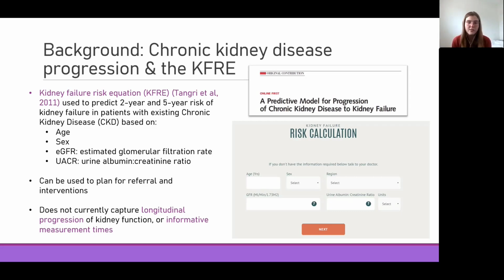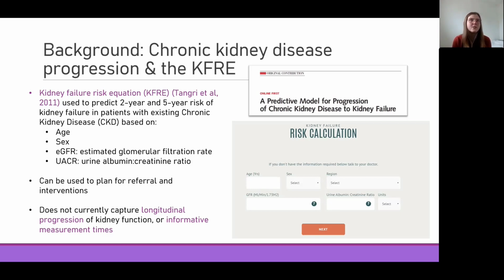It just takes 4 inputs: age, sex, EGFR, which is a measure of how well the kidneys are filtering, and kidney function more generally, and then UACR as well, which is another marker of kidney health. So it takes these 4 inputs, and then the estimated risks from the model can be used to plan for referral to other services, but also for interventions like renal replacement therapy.